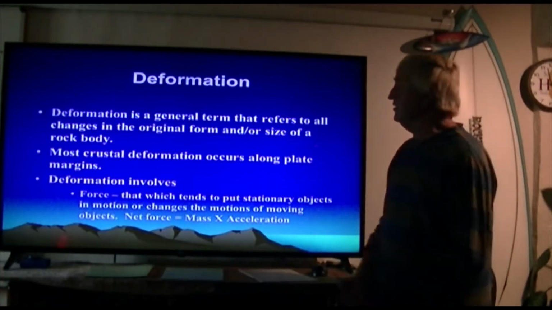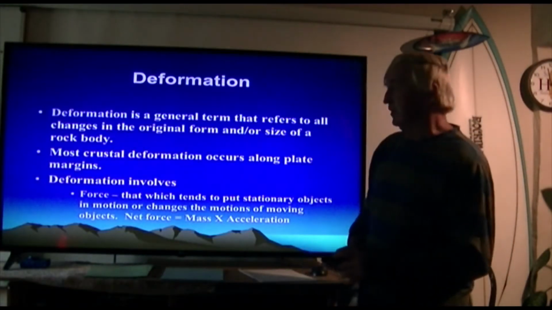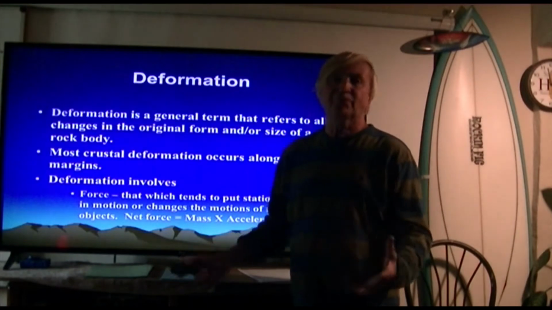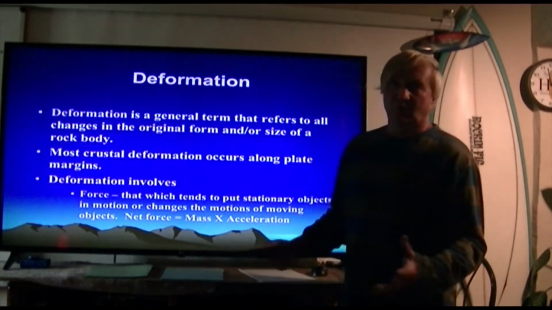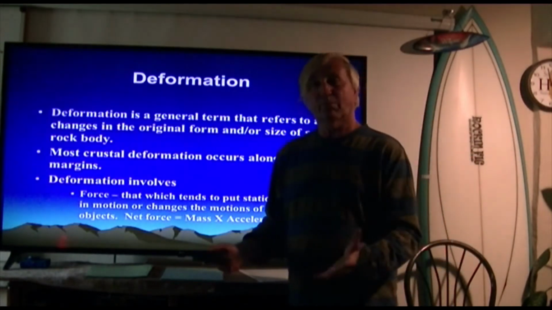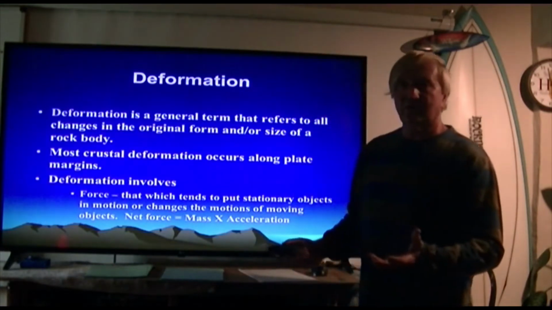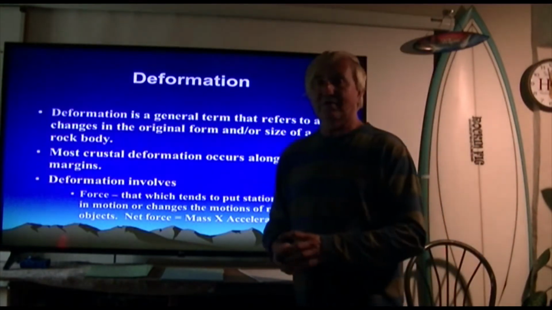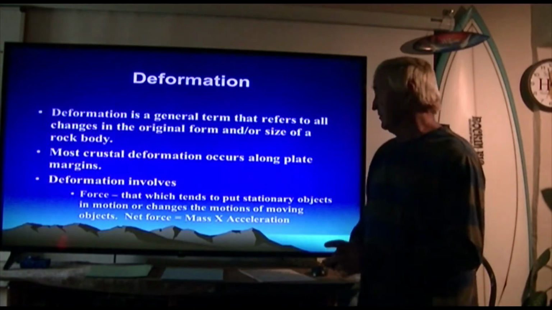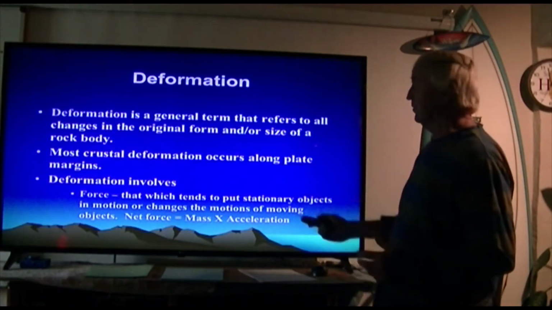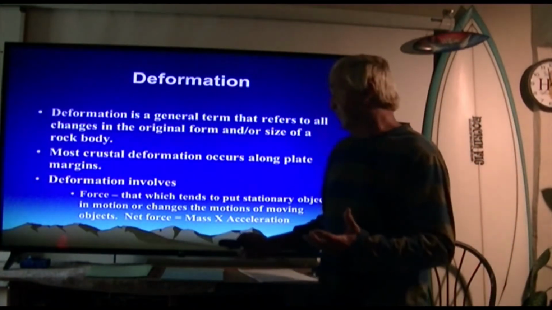So deformation is the general term basically used to describe what happens to rocks after they're deposited. Once they're deposited, they can be subject to compression, tension, or shear, and that's dramatically going to impact the rock and the landscape that it forms. So most crustal deformation occurs along plate boundaries, and this is very much true.